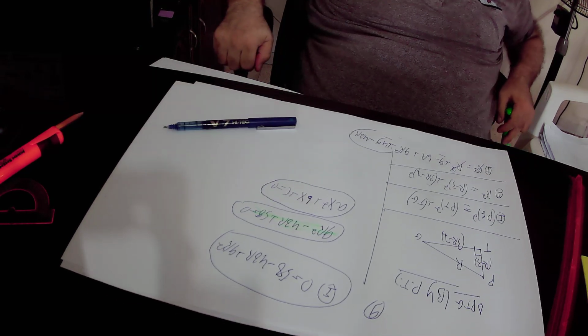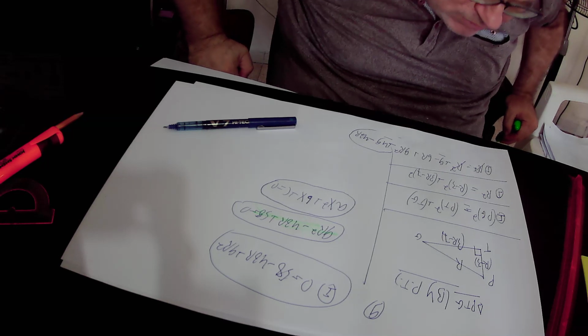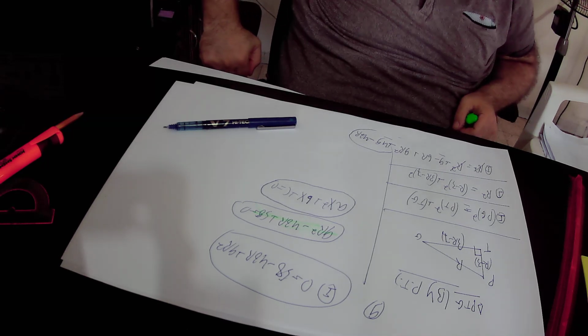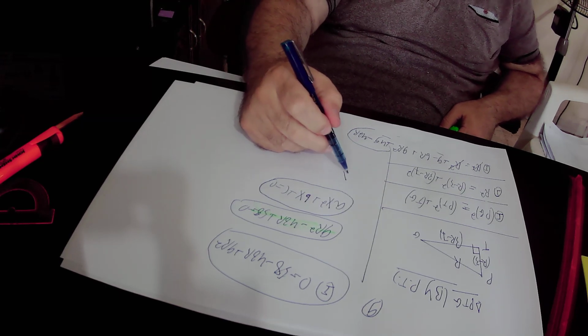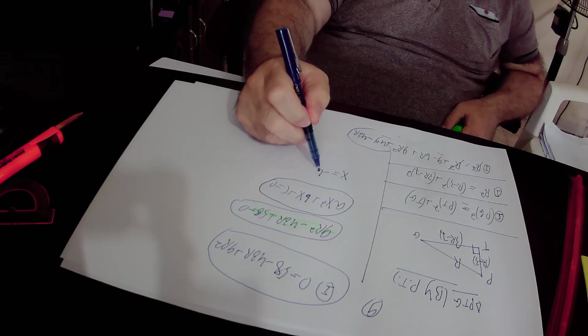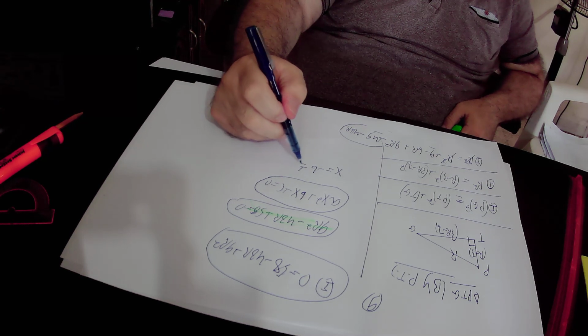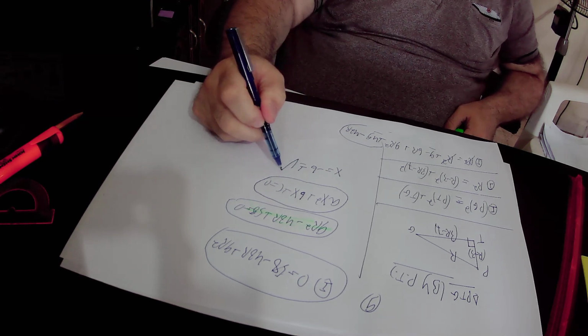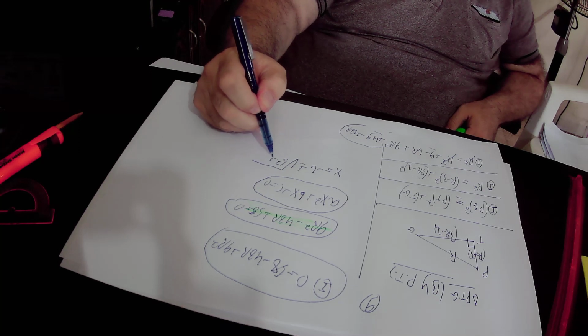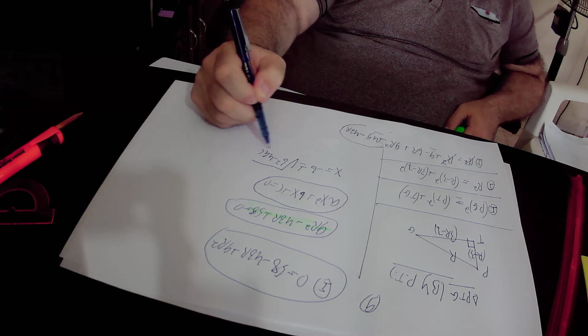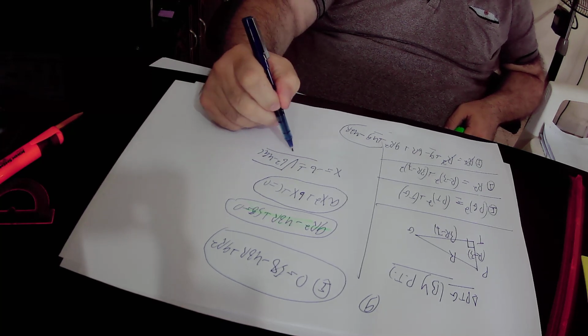And we find out the value of x according to a special formula, that x equals minus b plus or minus the square root of b squared minus 4 times a times c, over 2a.